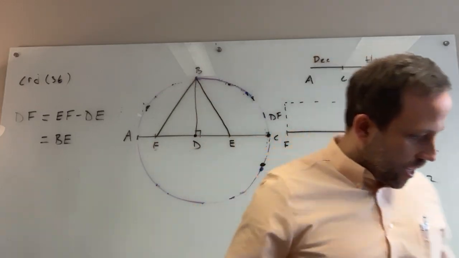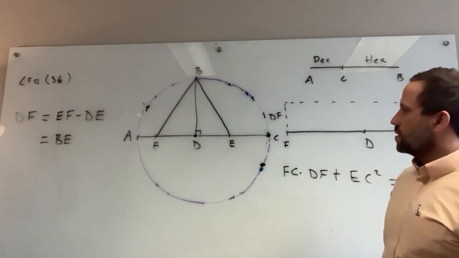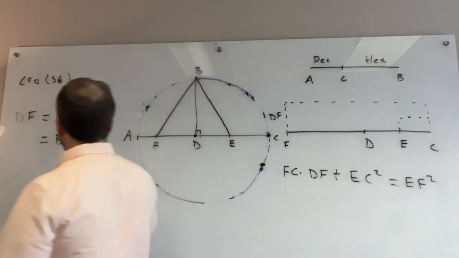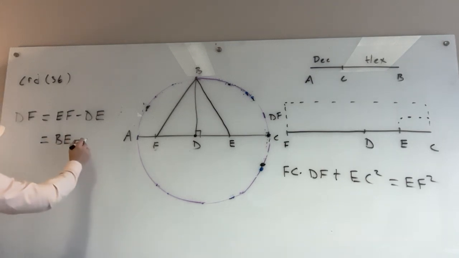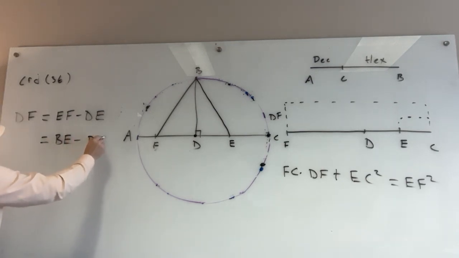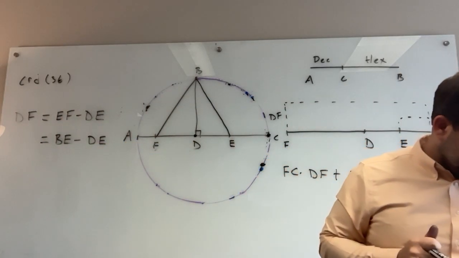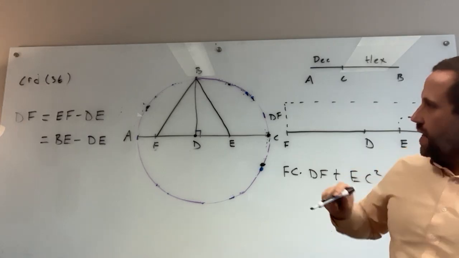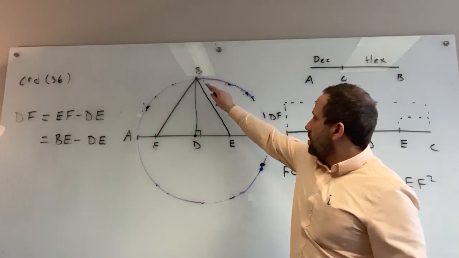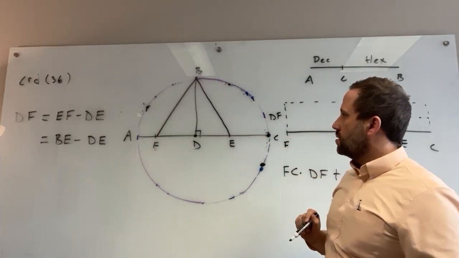EF is equal to BE, and then minus DE. Well, what are these two things equal to? EB is the hypotenuse of a triangle.